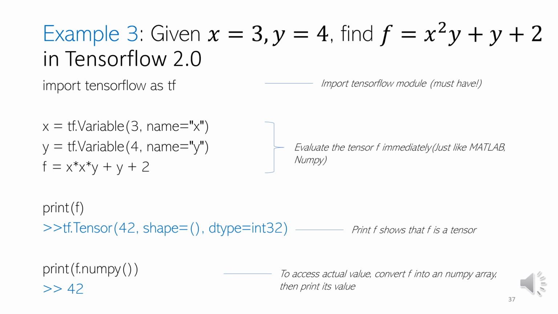This is what we didn't have access to in TensorFlow version 1. Another nice thing in TensorFlow version 2 is that we can convert the value of a tensor into a NumPy array using the function numpy. So f.numpy() returns a NumPy array with the value of the tensor f.